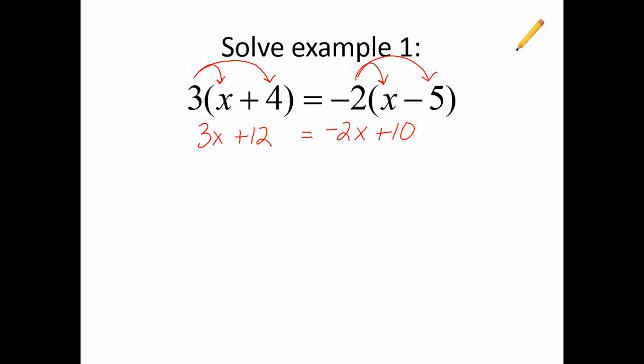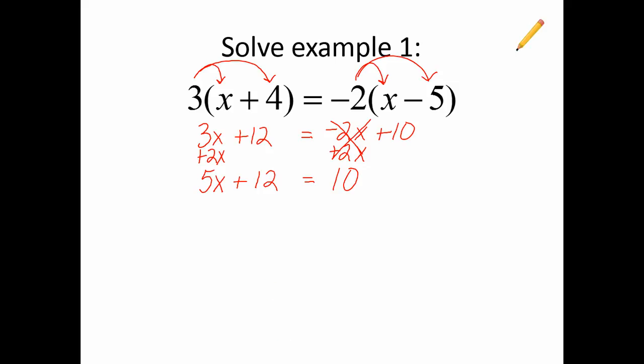Now notice where my equal sign is, smack dab in the middle there, right? And on both sides I have x's. I need to get the x's together on one side. So I'm going to go ahead and add 2x here because it's the opposite of subtracting 2x. That would eliminate those over there, and I'd have 10. And now on the other side, I'd have 3x plus 2x is 5x plus 12.